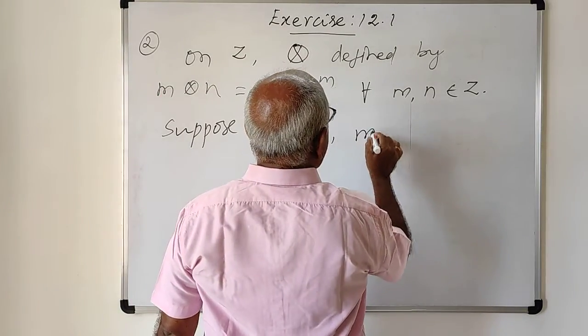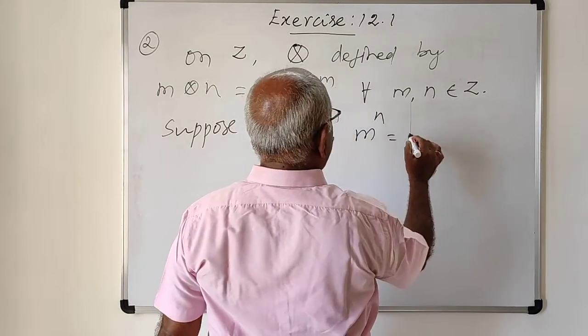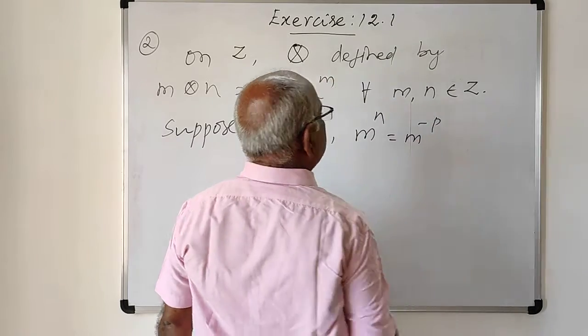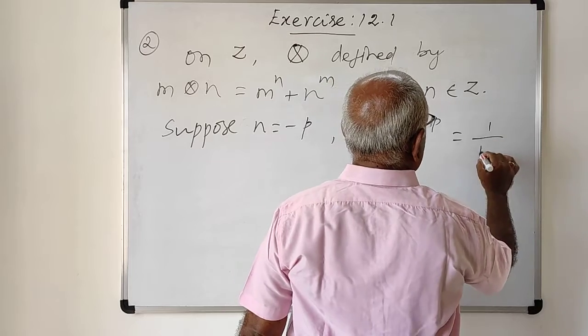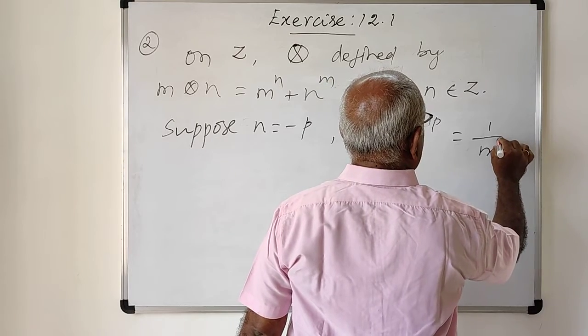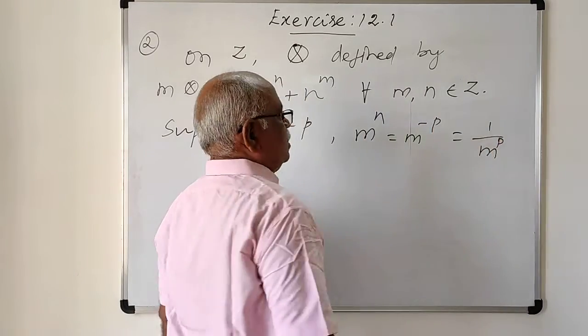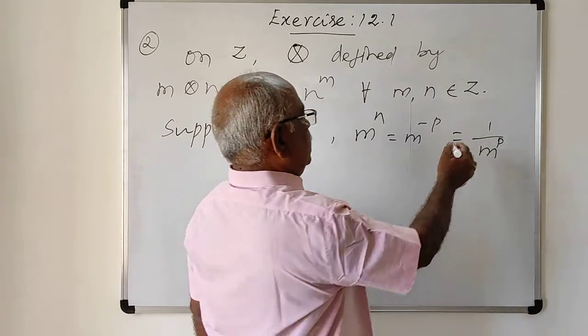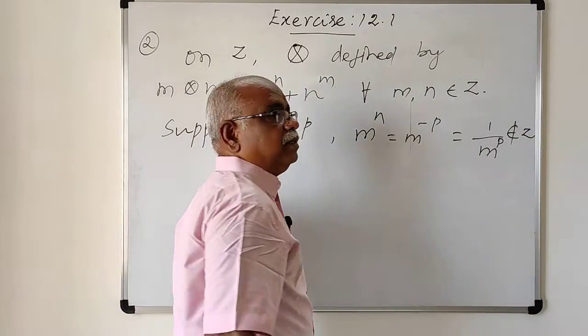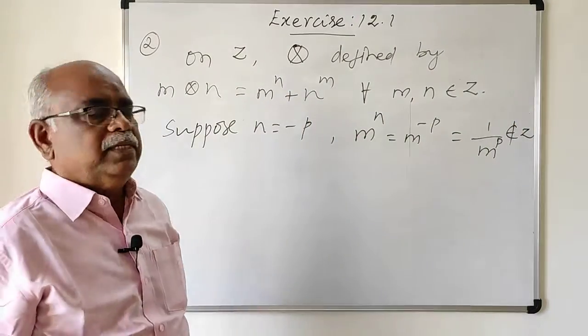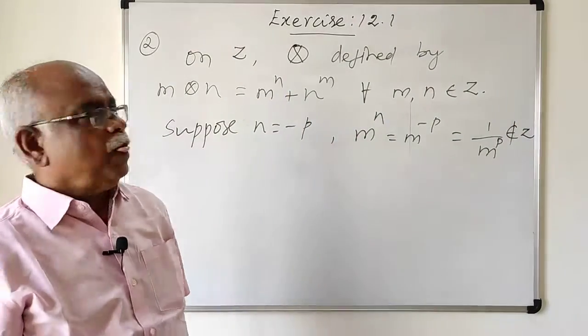What is m power n? M power minus p, in this case a negative power, is 1 by m power p. This is a fraction. It is not in Z. It is not in the set of integers.